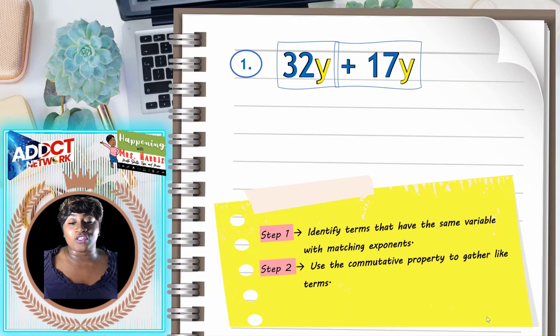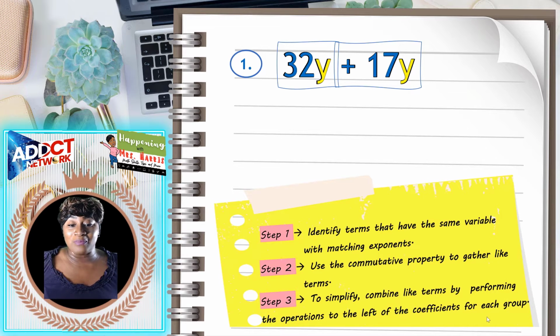Step 2 says use the commutative property to gather like terms. In this expression, we do see that both of these terms are alike, since they both have the variable y. To simplify, we will combine the like terms by performing the operation to the left of the coefficients for each group.